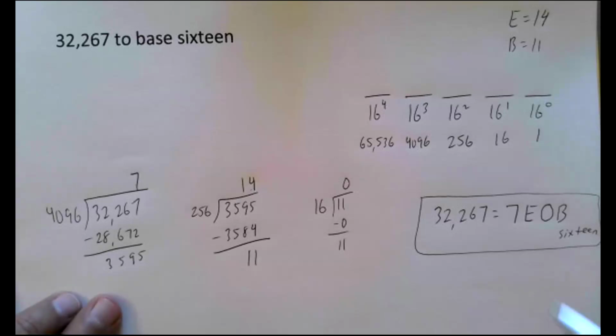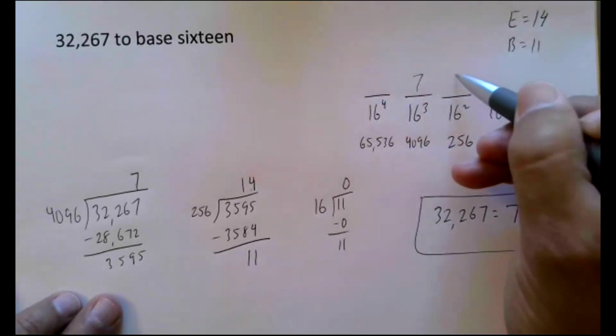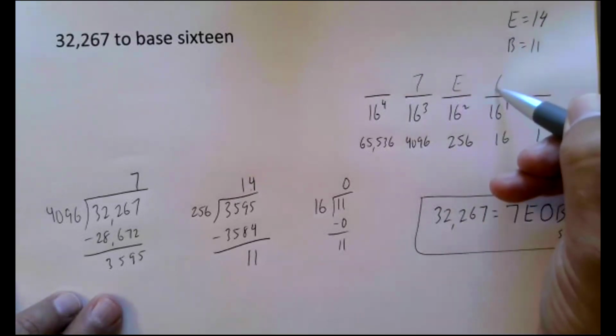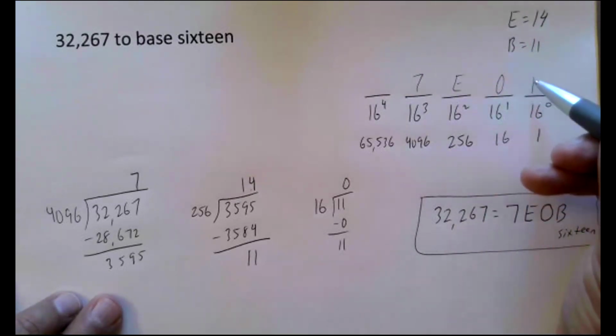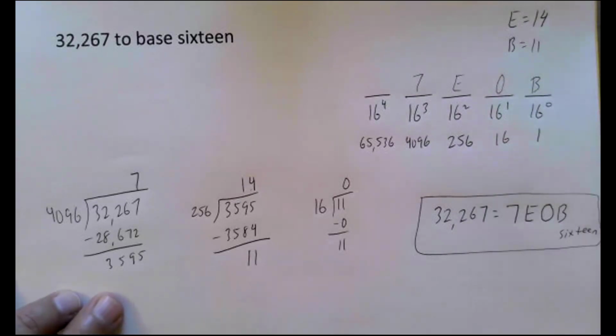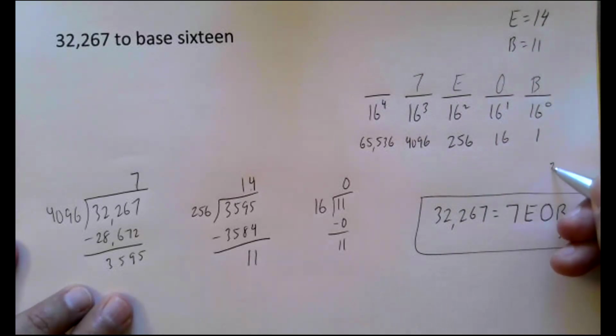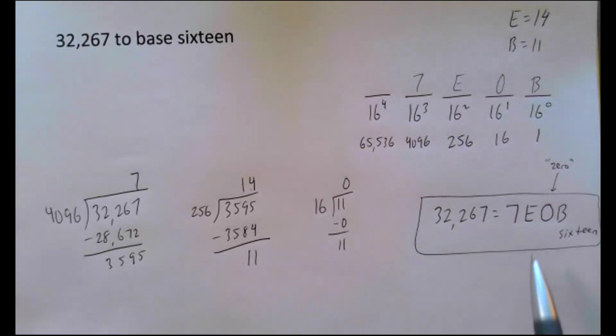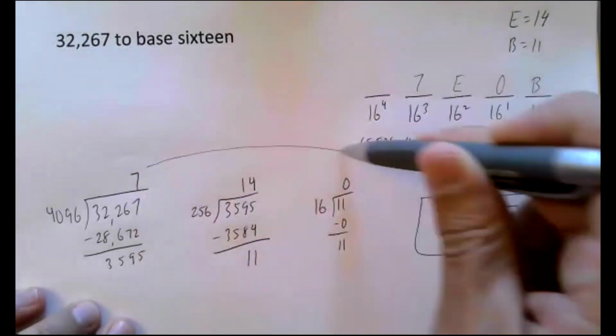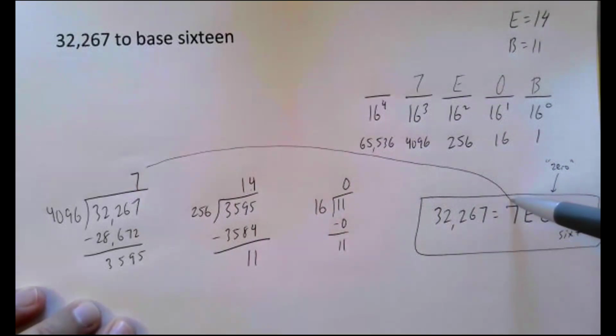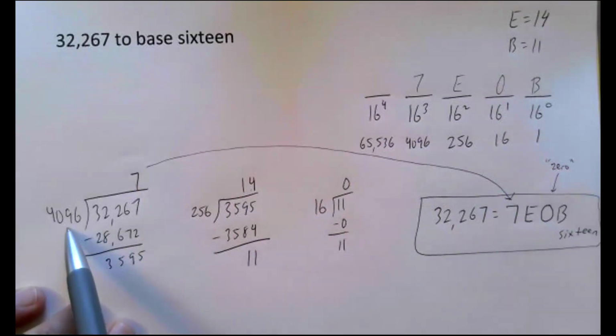Okay. This is a 0, that is not the letter O, that's a 0. You know, they look very similar. Those are letters, the E and the B, but that's not a letter, that's a number. And so a 7 went in the 4,096 position.